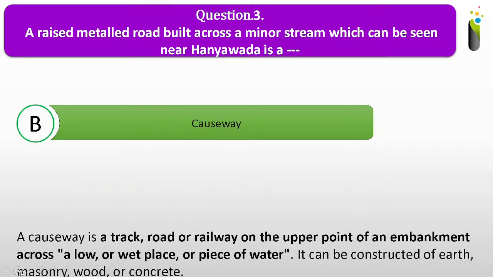The correct answer is B, causeway. A causeway is a track, road, or railway on the upper point of an embankment across a low or wet place or piece of water. It can be constructed of earth, masonry, wood, or concrete.